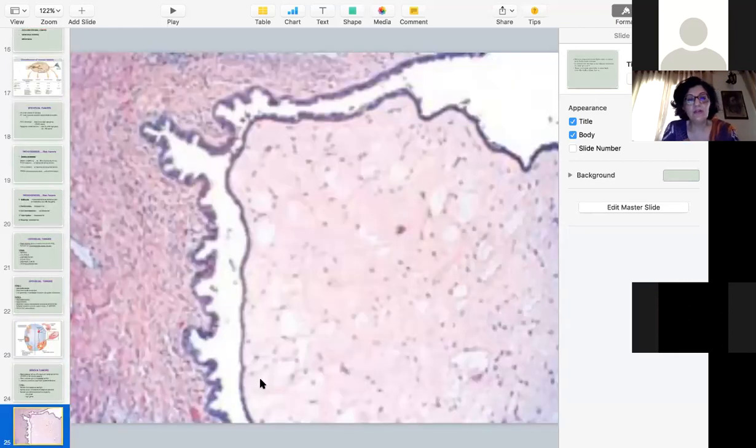This is a low grade, this is a serous cystadenoma, which is lined by stratified cuboidal to columnar ciliated epithelial cells, which is lining the cyst cavity.